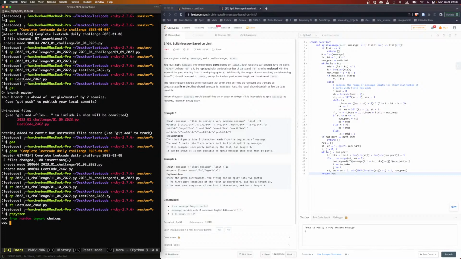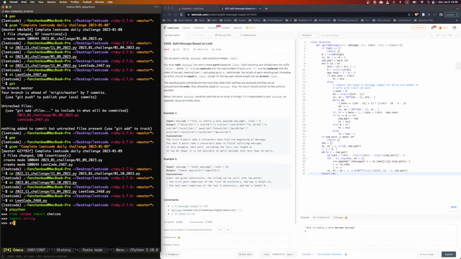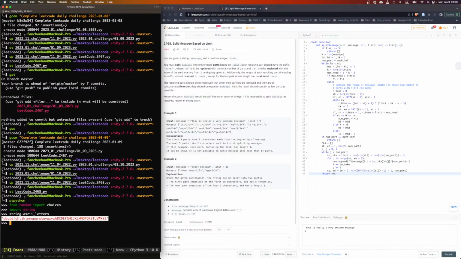Choices. Okay. And ch shall equal to import string dot ASCII, they don't have lower letters. Lowercase.